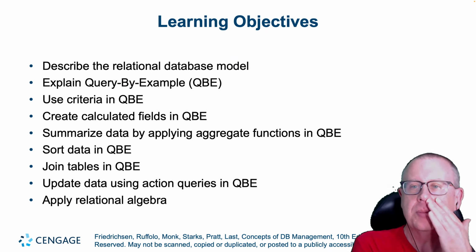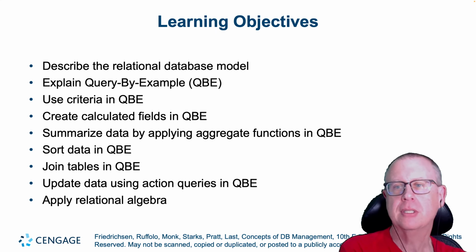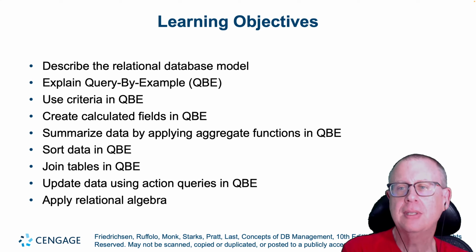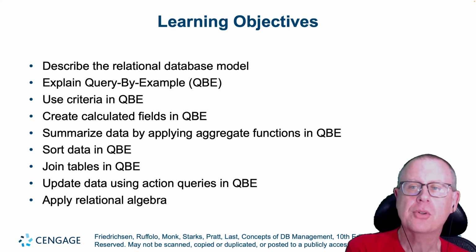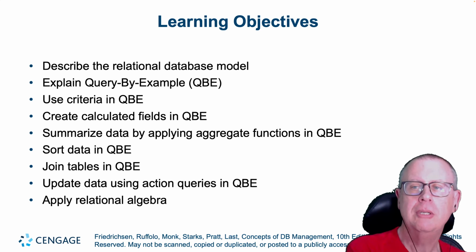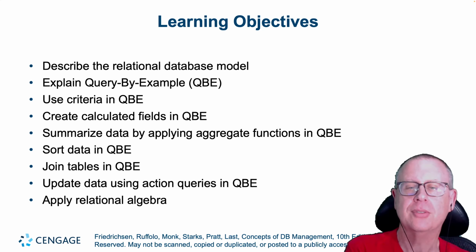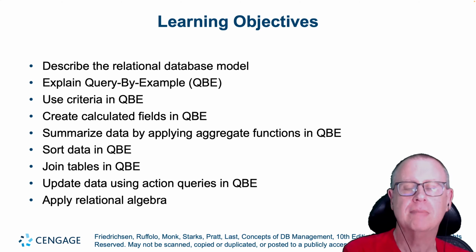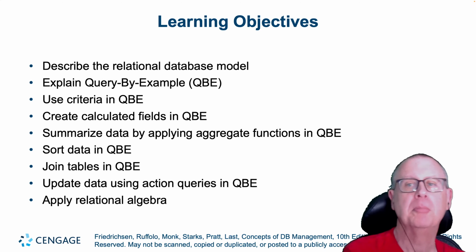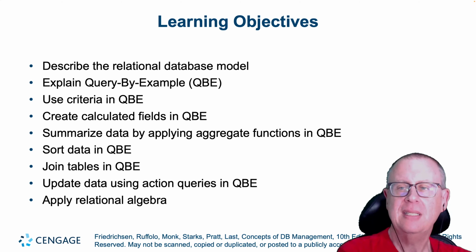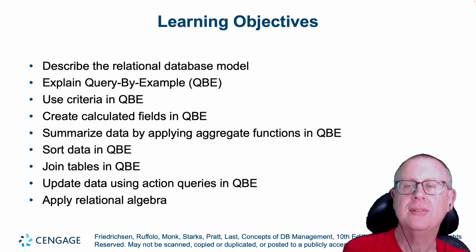So these are the learning objectives. We want to describe what the relational database model is. We want to explain what QBE is. How do we use criteria in that query? We want to create calculated fields. Instead of just data, we want to be able to calculate sums, minimums, maximums from the existing data. We want to summarize data.